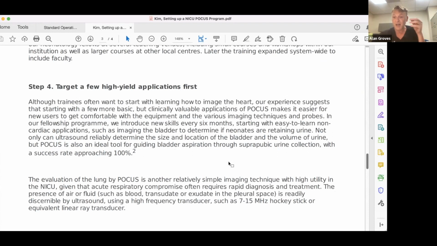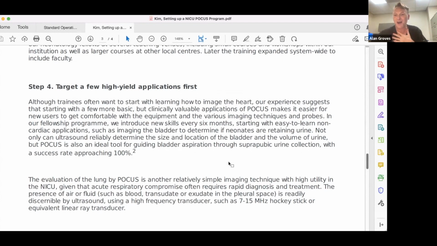And having spent a bit of time trying to roll out POCUS for umbilical lines, I'm reinvigorating our program here in Austin for PIVs, PALs, and heart rate in the delivery room, because I think they're higher yield and easier starter applications. I think the same for lung. Actually, I wish I was better at lung imaging.